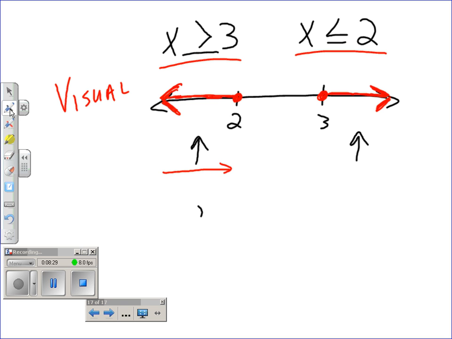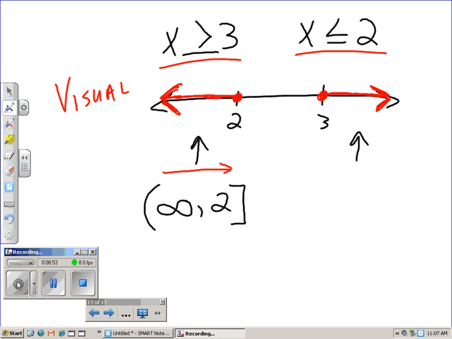Well, if I go out to the left, where do I start? I start at infinity. All right, so my furthest left point is infinity. How far do I go to the right? I go to 2. So I'm talking about the interval from infinity to the left to 2 on the right. Is 2 included? Yes. Is infinity included? No, we can't include infinity, so we put a parentheses around.